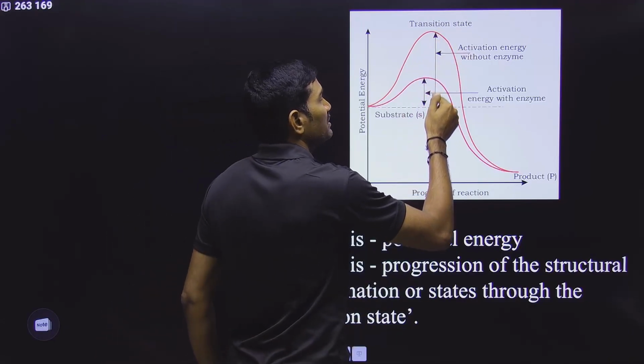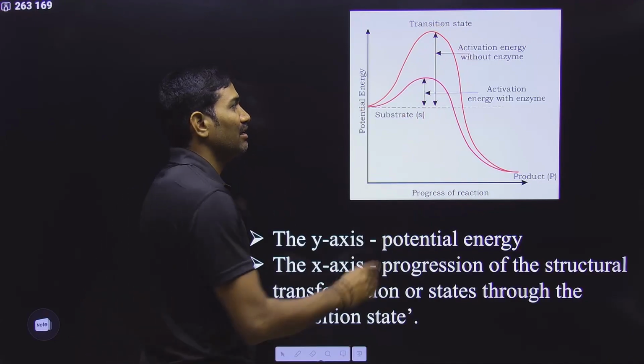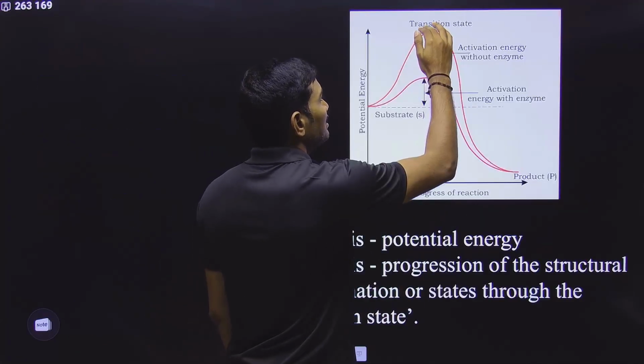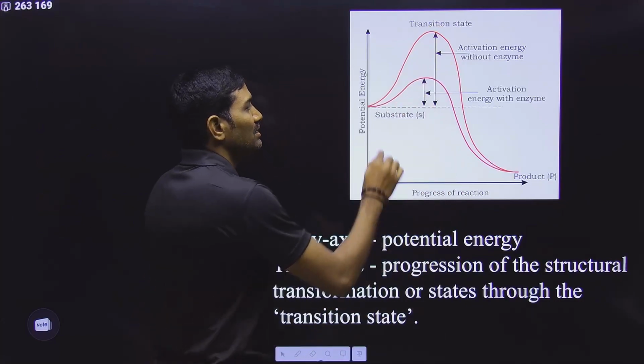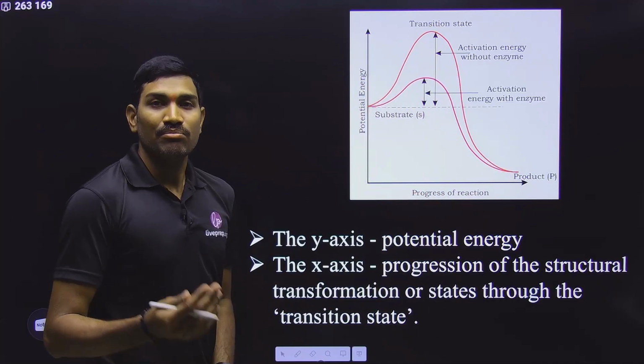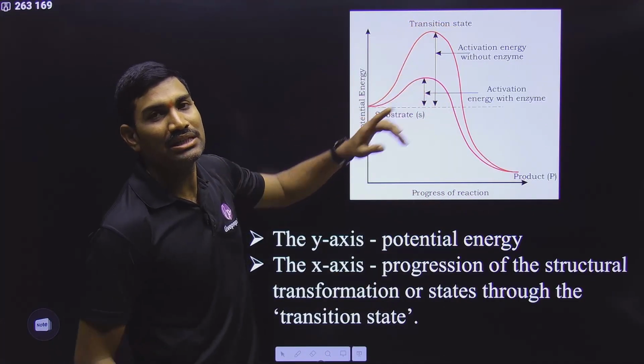If enzyme is not present, more energy is required. If enzyme is present, the enzyme will decrease the activation energy, so less energy is enough to pass that transition state, because the enzyme is decreasing the activation energy. Please understand this.